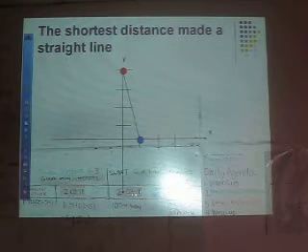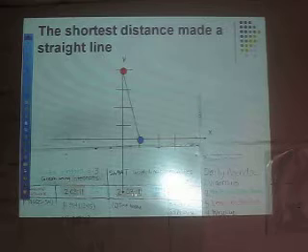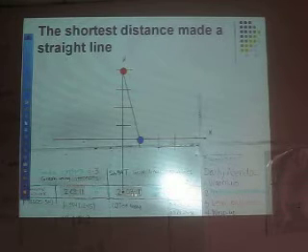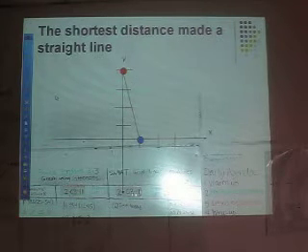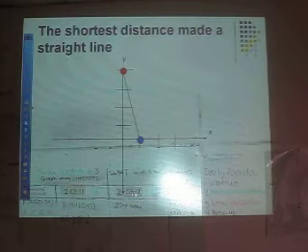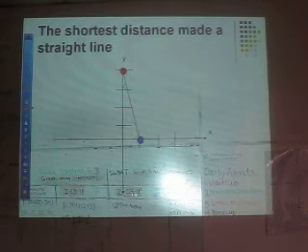Here's an illustration. The shortest distance made a straight line, as you can see. Which colored happy face represents the y-intercept? Yes, the red.